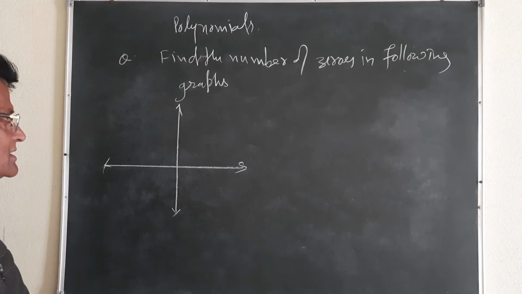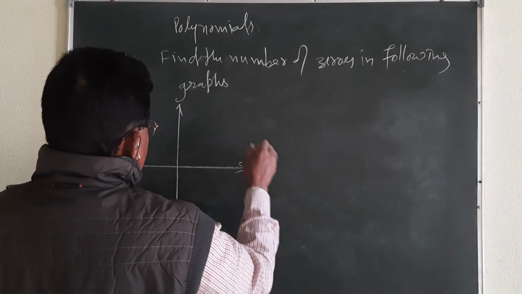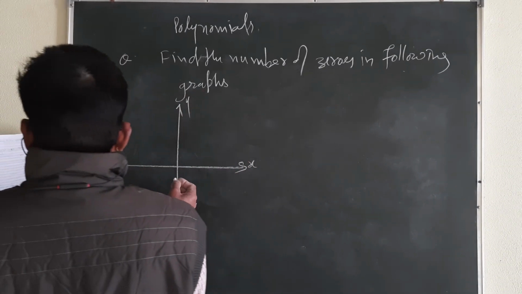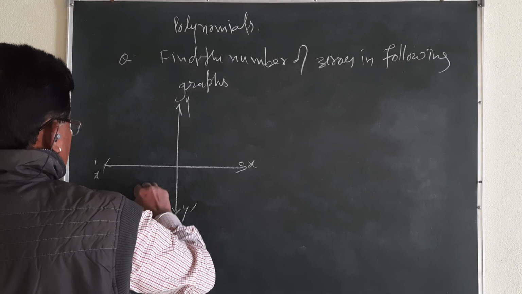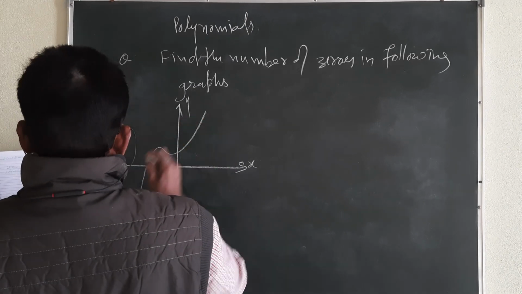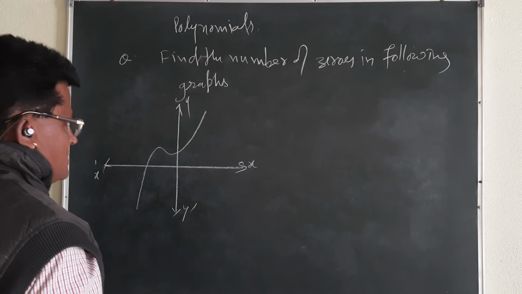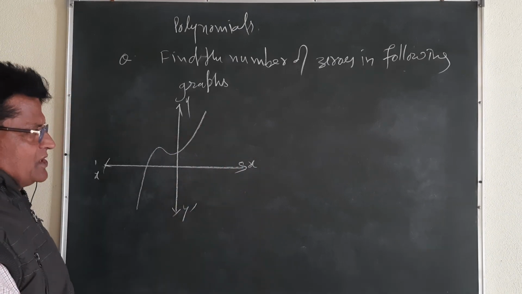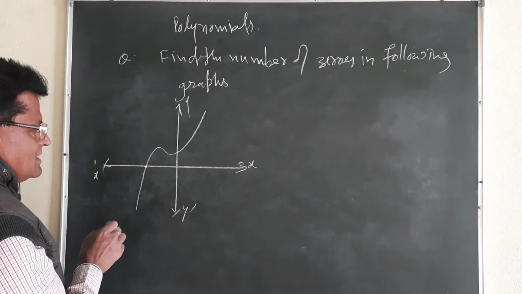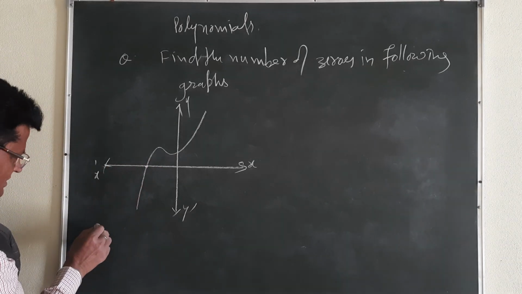See carefully, that will be x-axis, y-axis. Suppose, dear students, this is the graph, and you find out the number of zeros. How many zeros will be there? As I told you, it intersects the x-axis at one point.